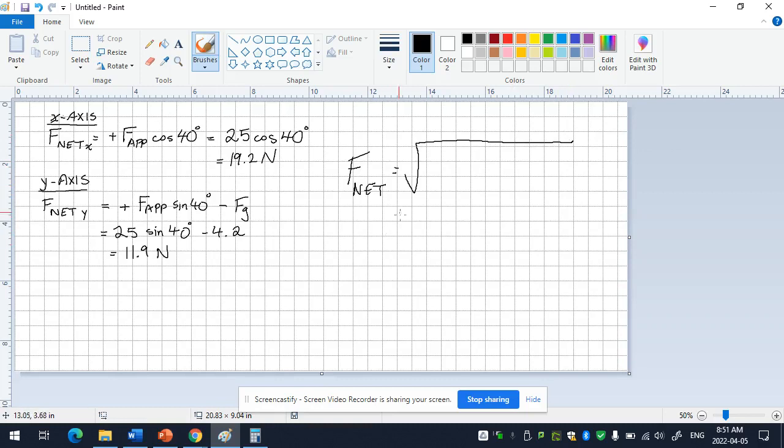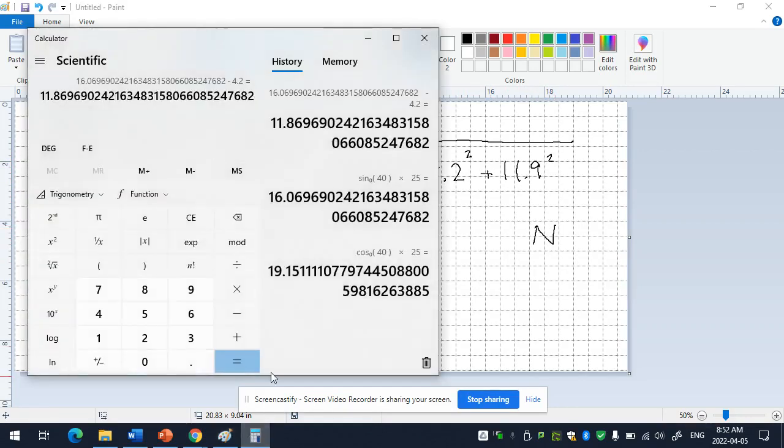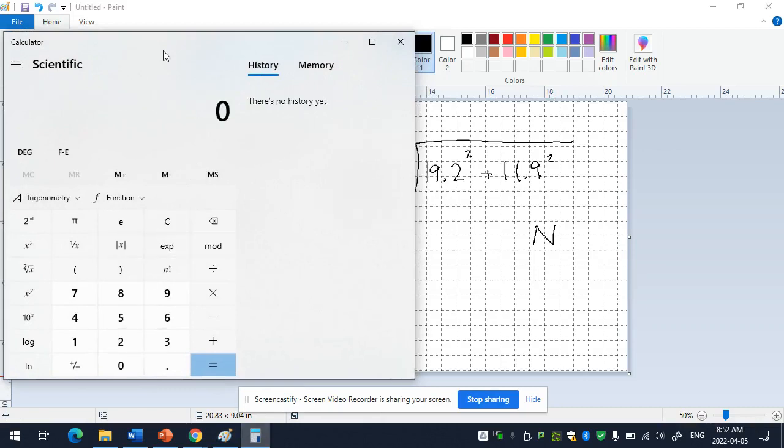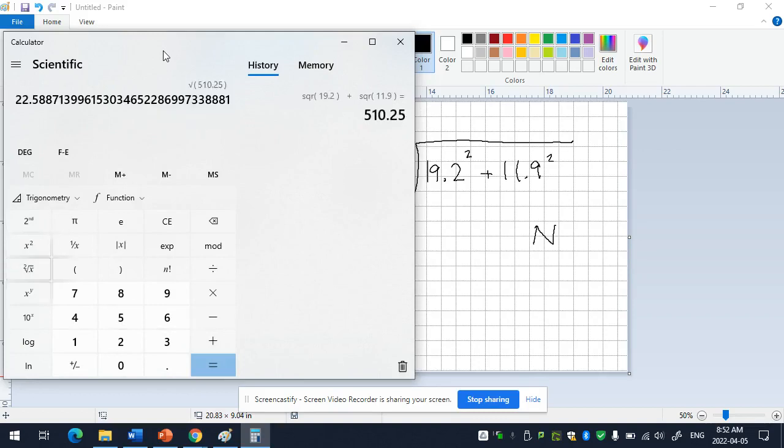So 19.2 squared plus 11.9 squared. All right. I don't know how much that is. I just know it's in Newton. Clear. 19.2 squared plus 11.9 squared equals, and then you square root this guy.